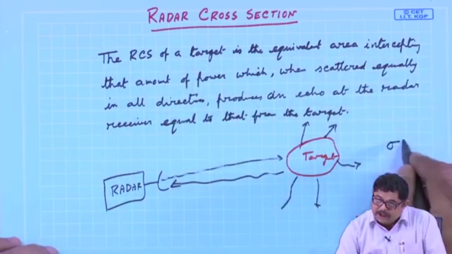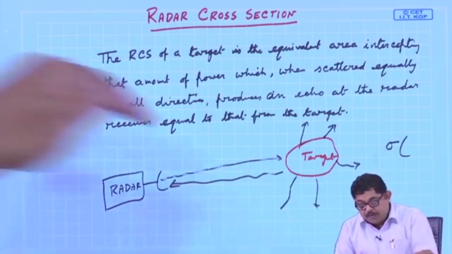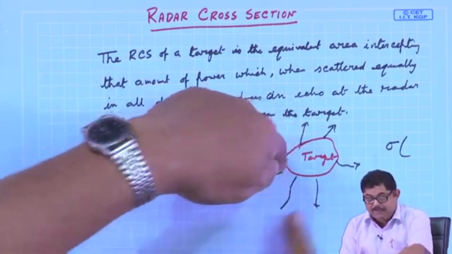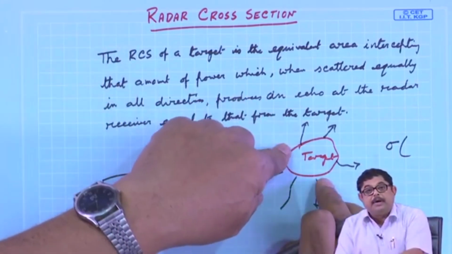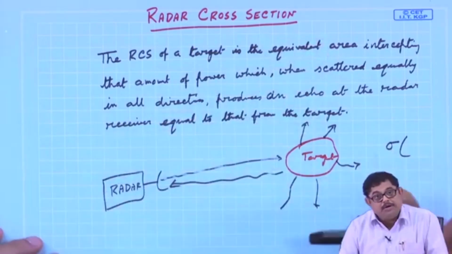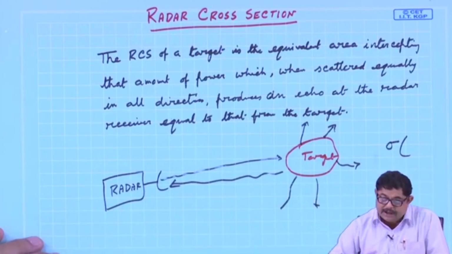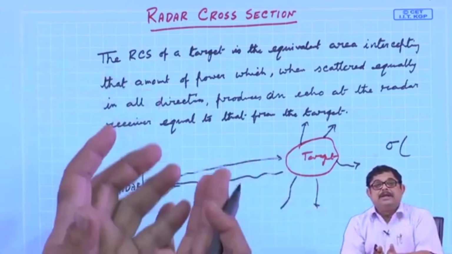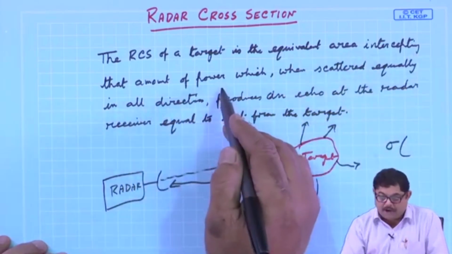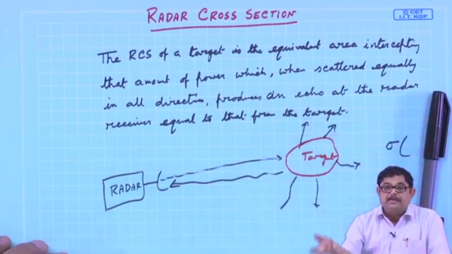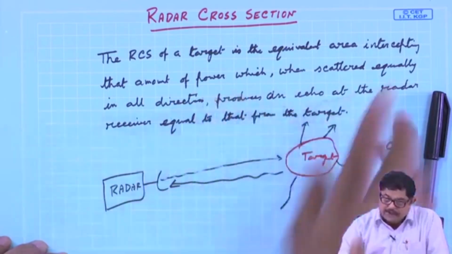As I said earlier, this sigma obviously depends on angles, that is, the direction in which the target is illuminated by the radar, the direction in which the scattering comes back to the radar, and out of whatever power it has taken, how much it scatters back. It is a function of all those, and I have said already it depends on shape, size, etc. But RCS is an equivalent thing for all: the equivalent area intercepting that amount of power which, if this scatterer were an isotropic scatterer, would have scattered equally in all directions.